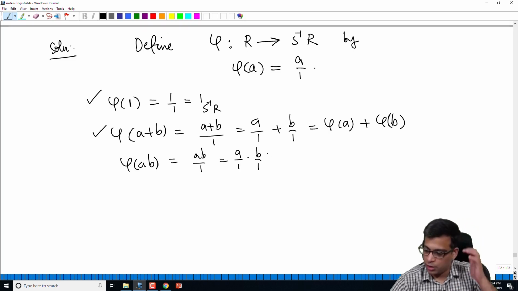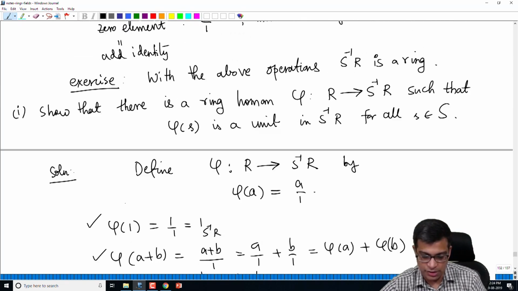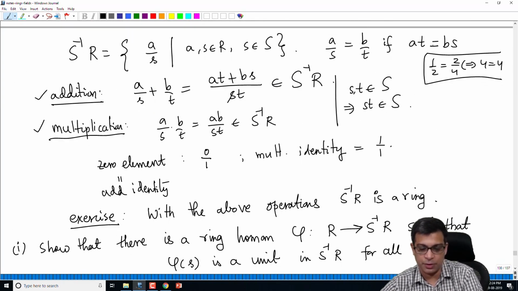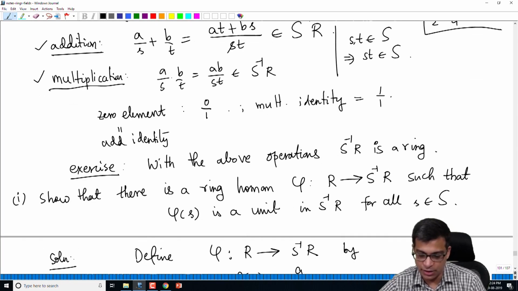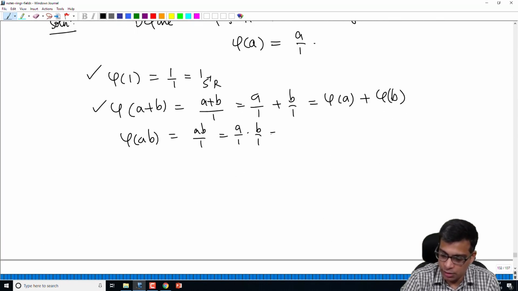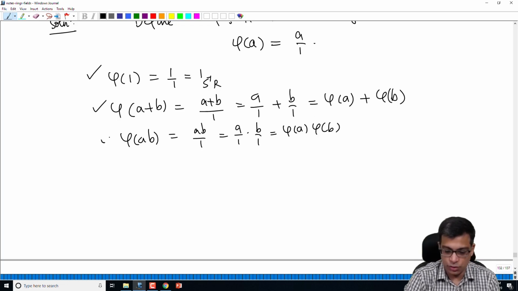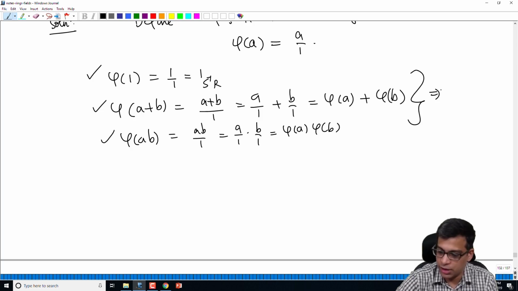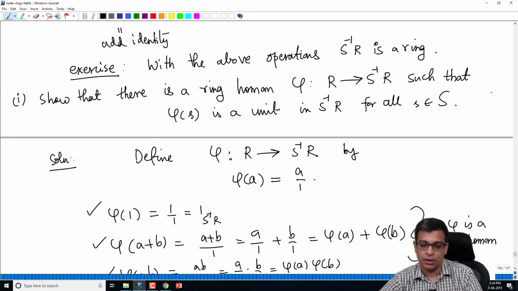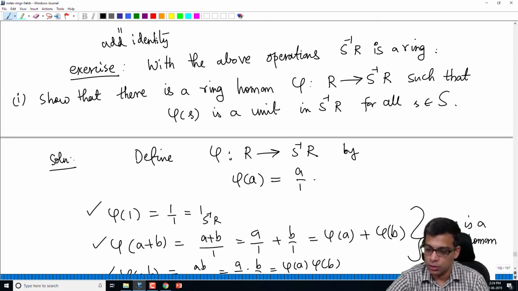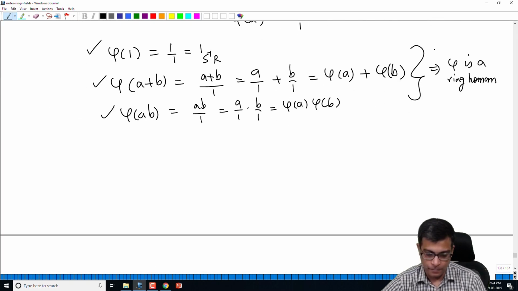Remember the definition of multiplication and addition in this ring: A by S plus B by T is AT plus BS by ST, and A by S times B by T is AB by ST. So this is phi A times phi B. This is also okay. So this shows that phi is a ring homomorphism. I am leaving the verification that S inverse R is a ring to you. This is an exercise for you.